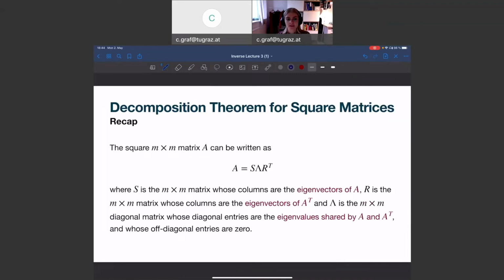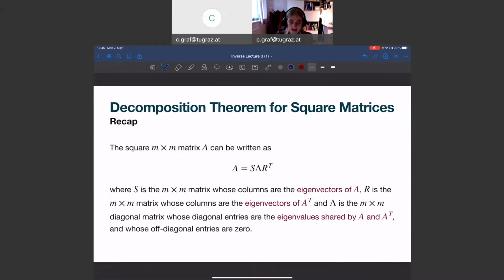Before we start, we should recap shortly with what we ended last lecture. There we had the decomposition theorem for square matrices. So let's recap that shortly. We said that a square m by m matrix A can be written as A equal to S times lambda times R transposed.